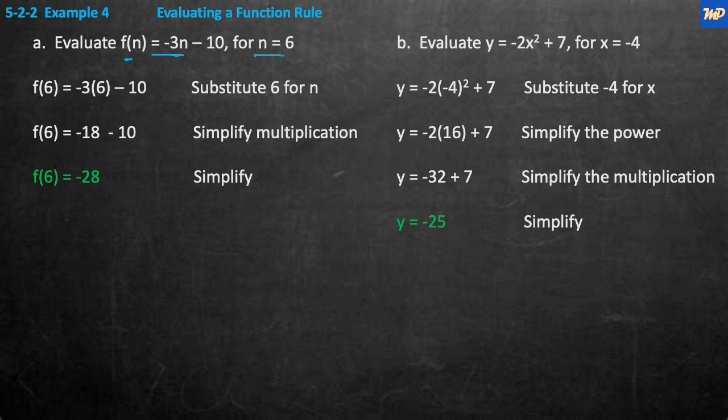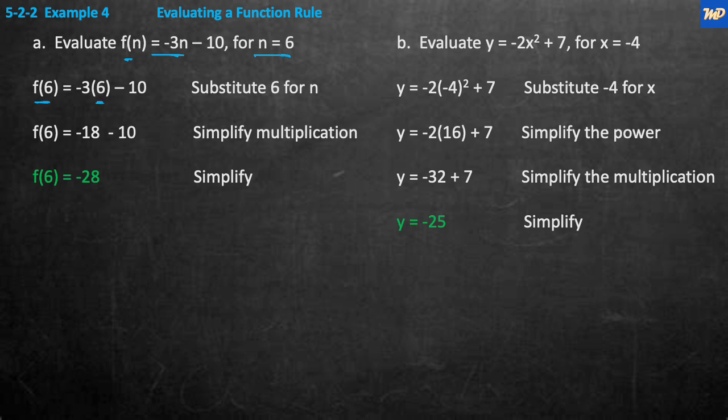Now we're going to substitute. For the n, they want us to substitute a 6. So we're going to say f of 6. We want to find, given this input, the output for that 6. So it's negative 3 times 6 minus 10.